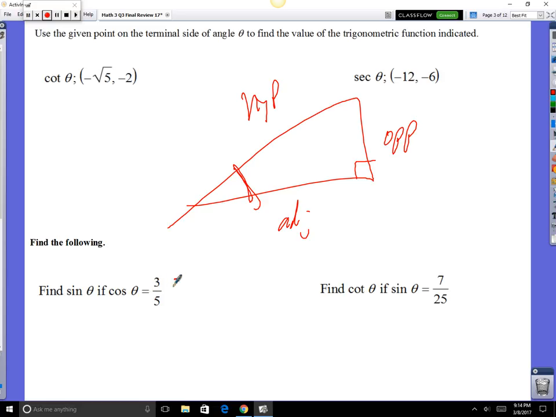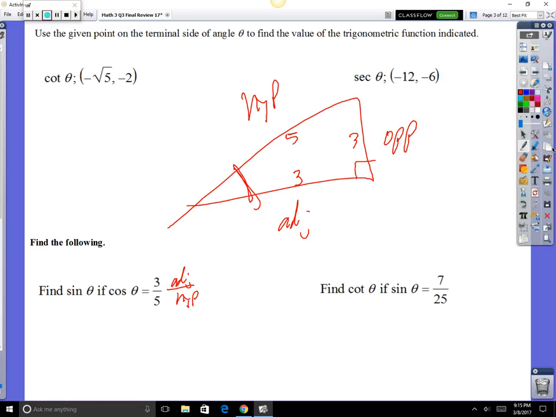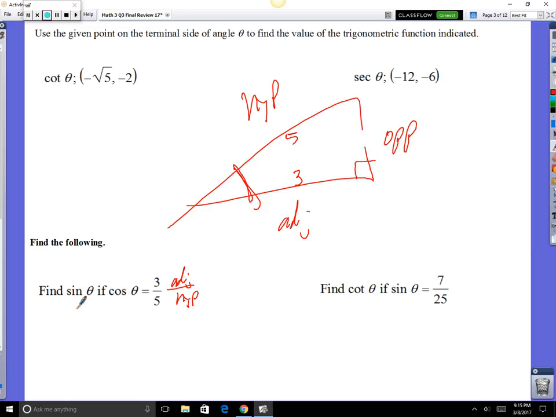Cosine is adjacent over hypotenuse. So I'm going to put that as a 3 and that as a 5. And we need the sine. Sine is opposite over hypotenuse, so I need this.